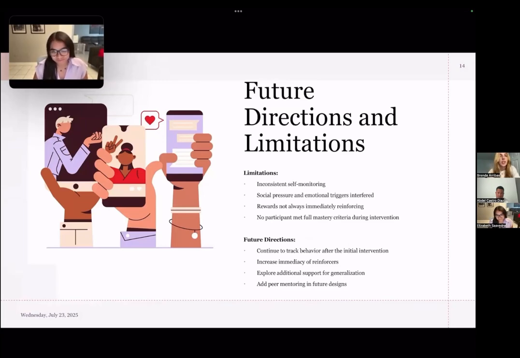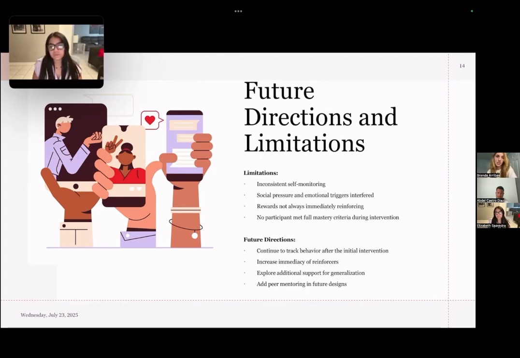So basically, our future directions and limitations of the study. First, the limitations: inconsistent self-monitoring, social pressure and emotional triggers interfering as part of the environment, rewards not always being immediately delivered so they weren't that reinforcing, and no participant met full mastery criteria during the intervention.